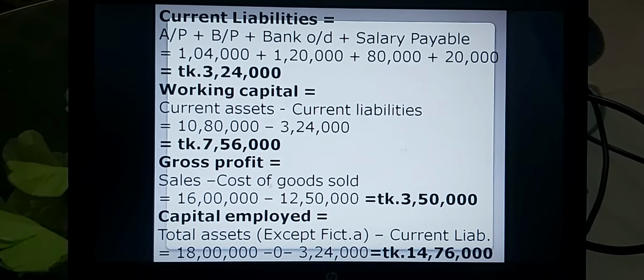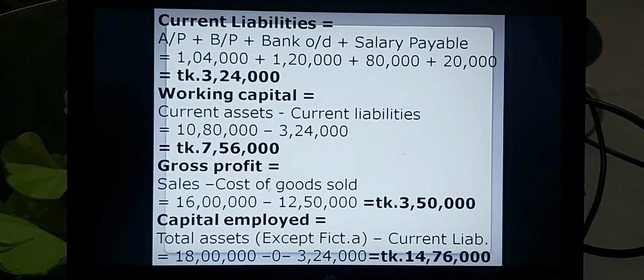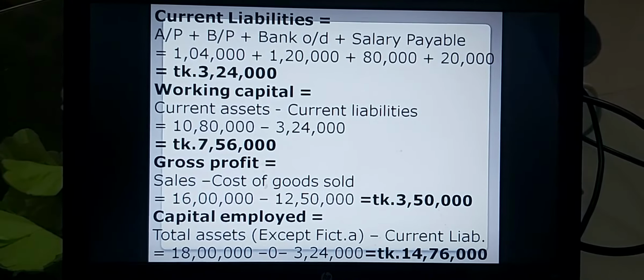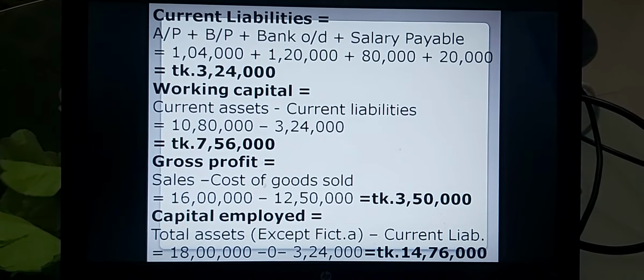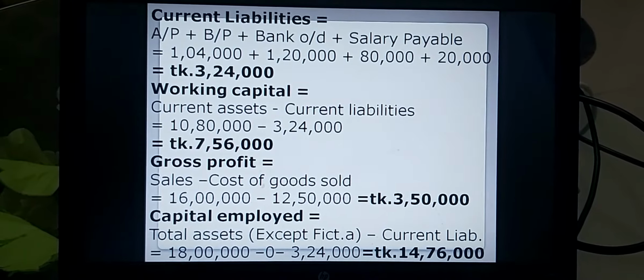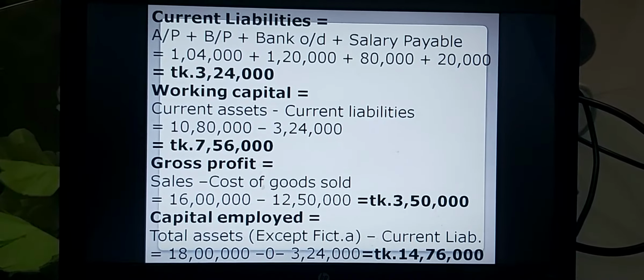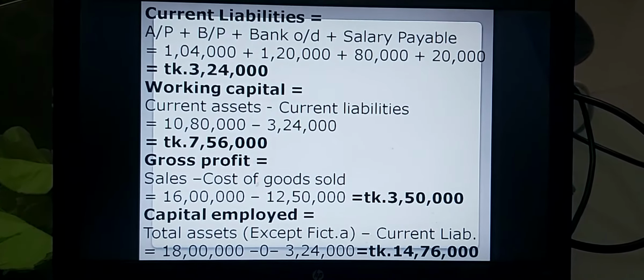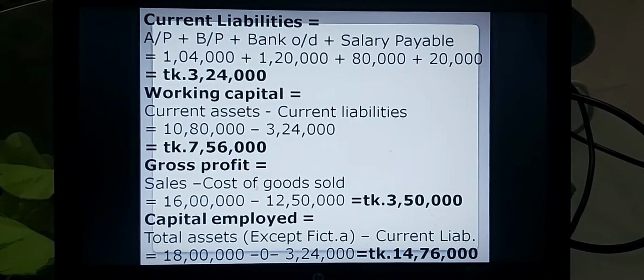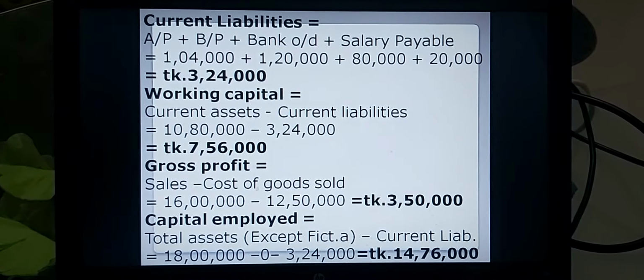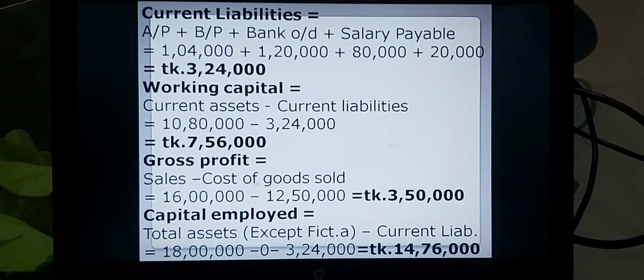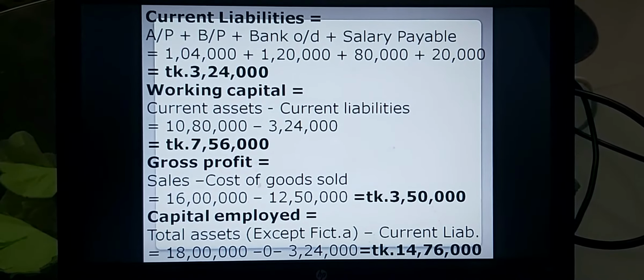Sales. In the other information of this stem, total sales of the company for the year is taka 16 lakh. We take 16 lakh from the stem, and cost of goods sold from the other information is 12,50,000.